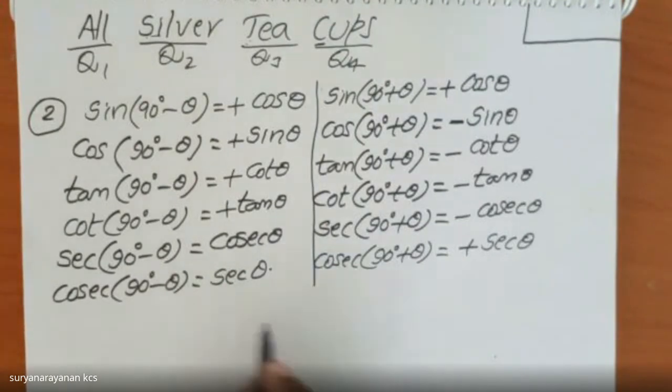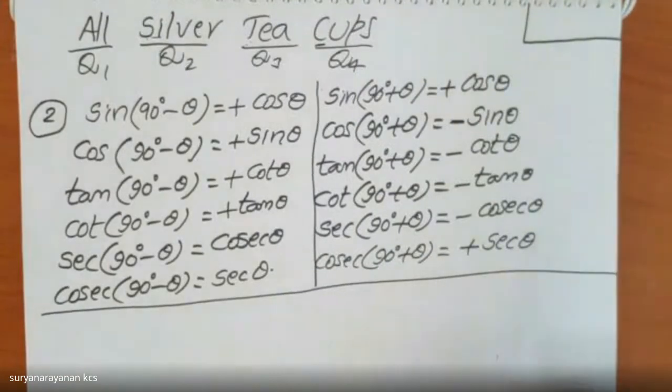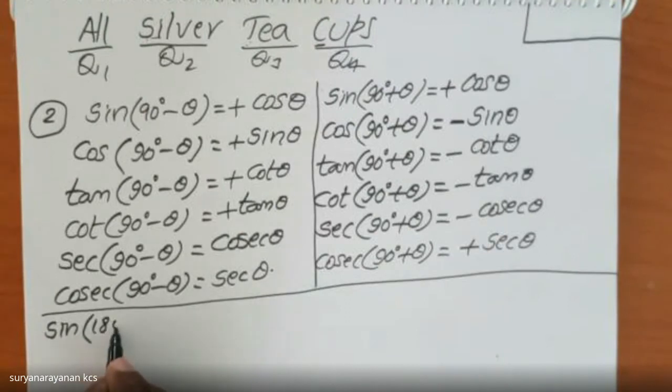Okay. Next, 180 degrees minus theta. If an angle is written with the combination of 180 degrees, here 180 degrees minus theta, in which quadrant does this angle lie? 180 degrees minus theta means less than 180, but greater than 90, as I told you previously.